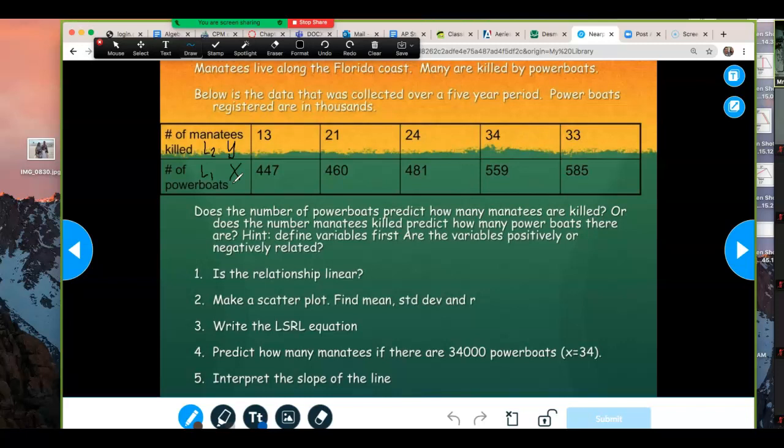Then zoom 9 will give you that graph. But you have to have your plot on.